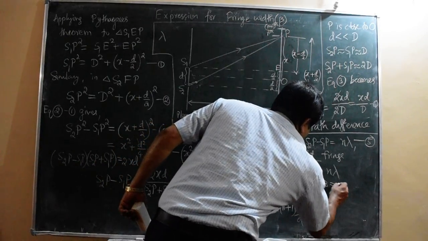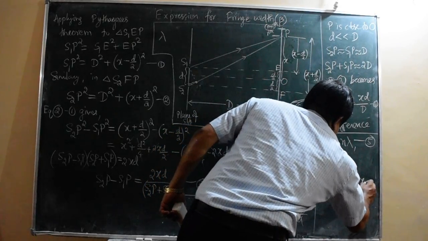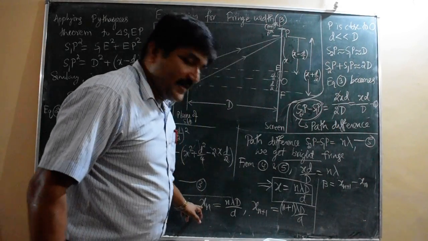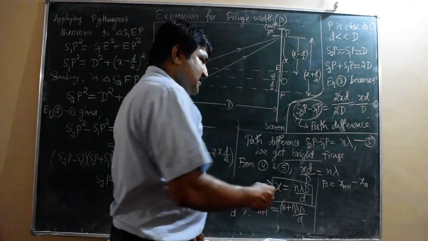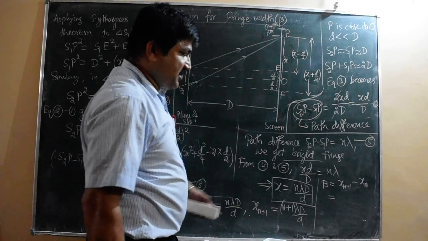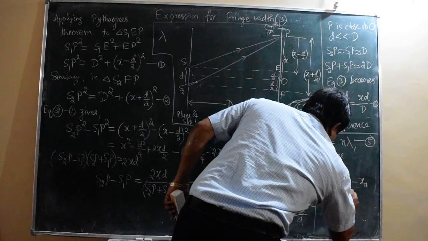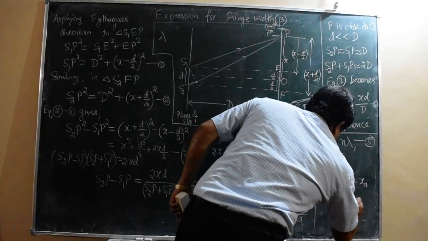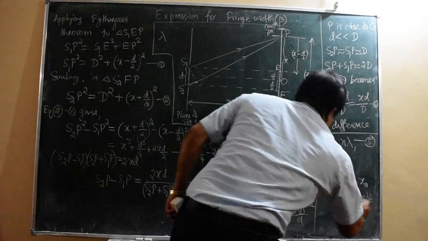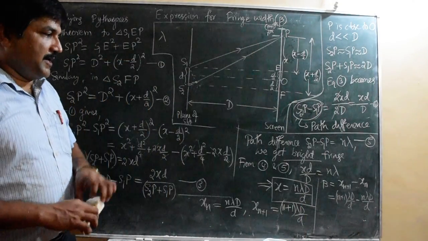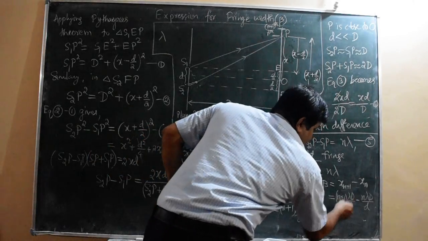Beta equals xn plus 1 minus xn. What I have is xn equals n lambda D by d, and xn plus 1 is n plus 1 lambda D by d. Substituting here, I get the fringe width: n plus 1 lambda D by d minus n lambda D by d. So lambda D by d is common.